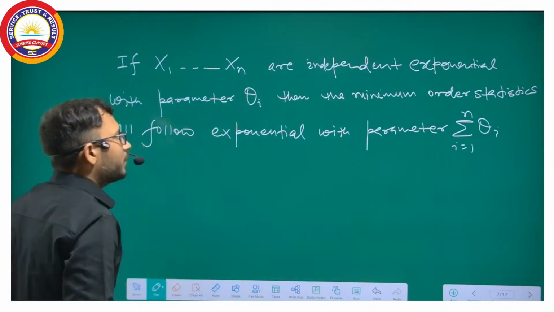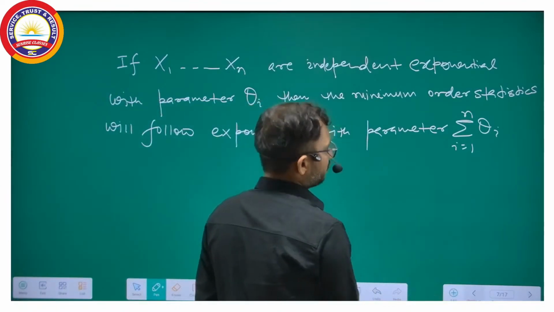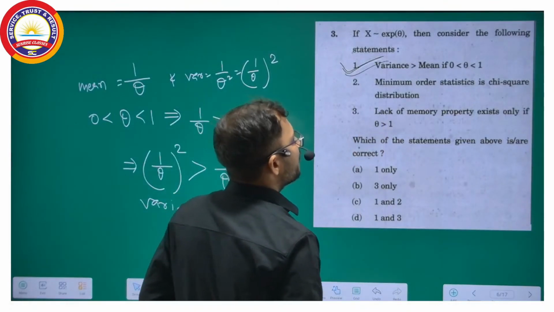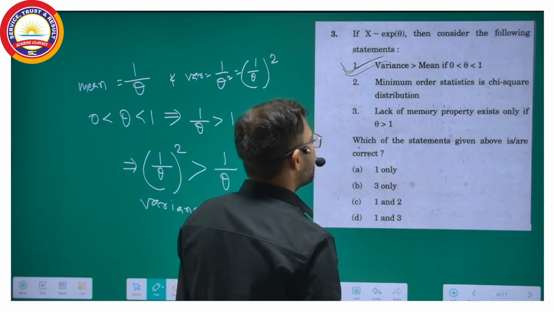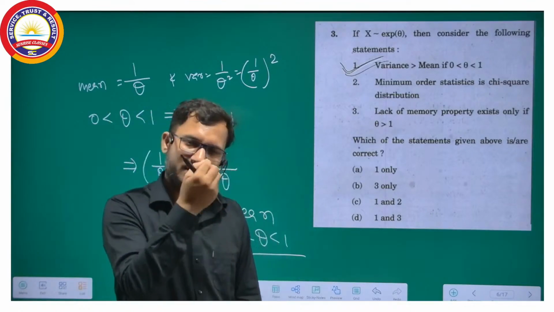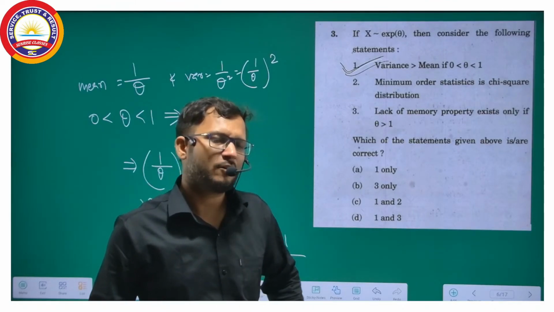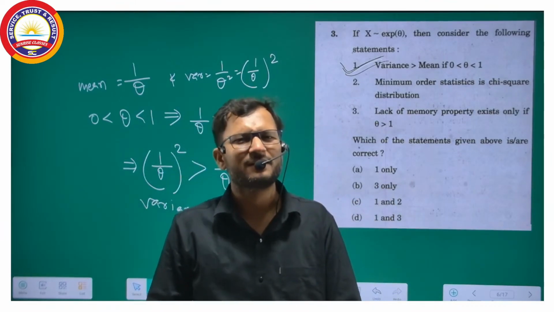Actually, using this one, you can solve the second statement that is given in this question. The second statement says the minimum order statistic is chi-square distribution. Now, what confusion you may get at this point is, sir, chi-square and exponential are the same, na?